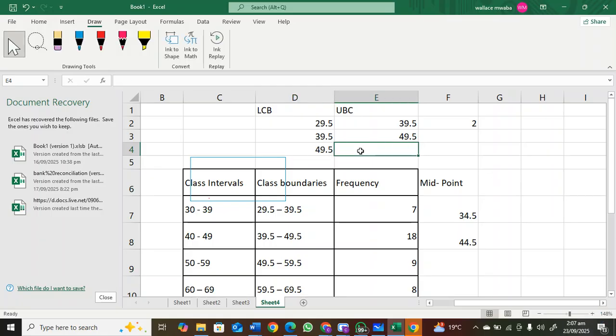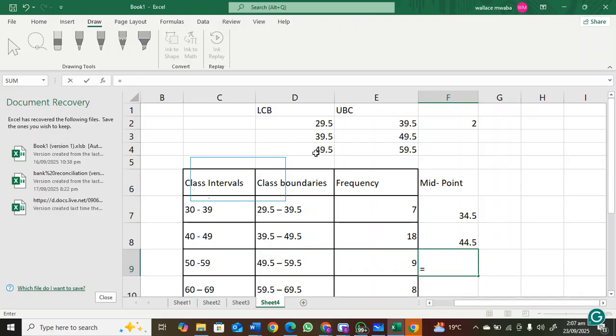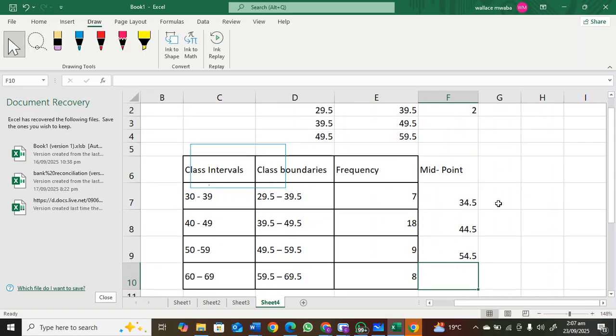Upper boundary 59.5. So to get our midpoint, lower class boundary plus upper class boundary divided by 2, 54.5. Okay. So we can see a trend here. 34.5, 44.5, 54.5. It's like we're adding 10. Okay, so 10 plus 54.5, we get 64.5. Those are our midpoints, right?